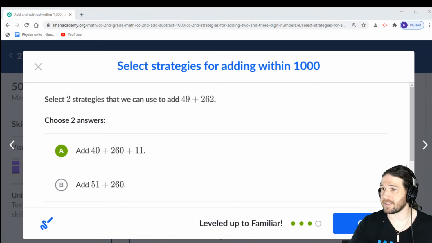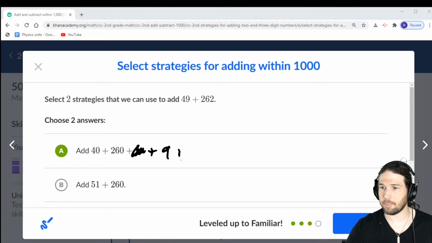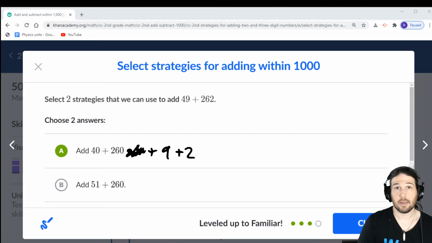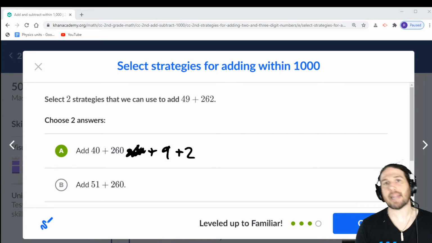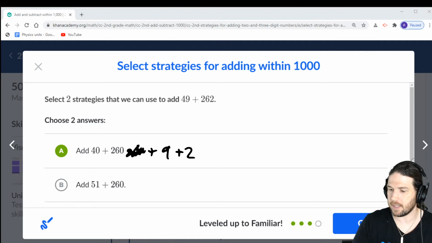I would instead have said plus 9 plus 2. That's the way I would have done it. But the fact that somebody else puts that 9 and that 2 together and makes 11 in their head automatically is totally valid. So we're going to go ahead and erase this work.